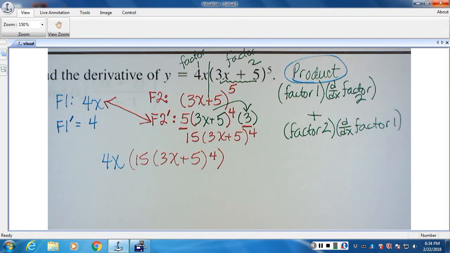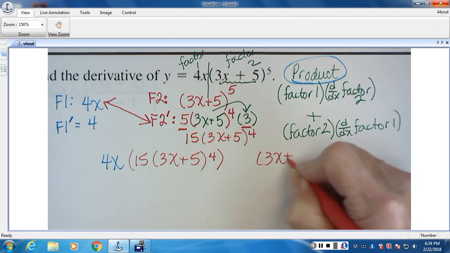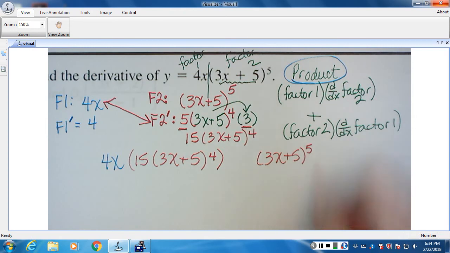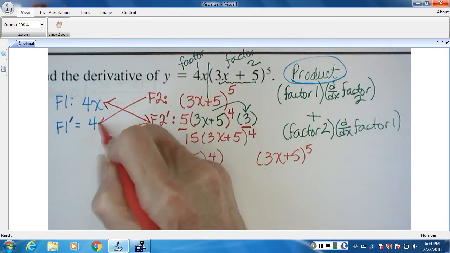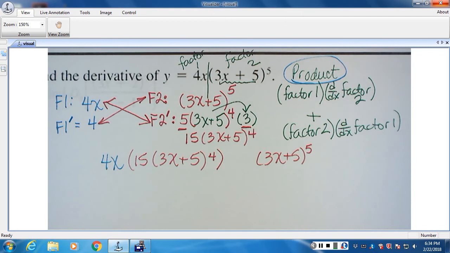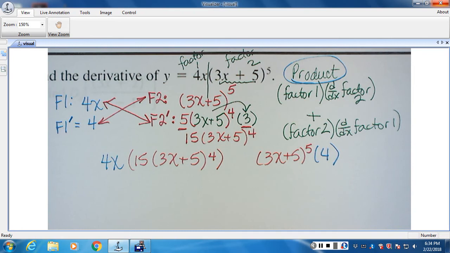And then it says, take factor 2, and that's the original factor 2, not its derivative, and multiply it times the derivative of factor 1. And then add those together.